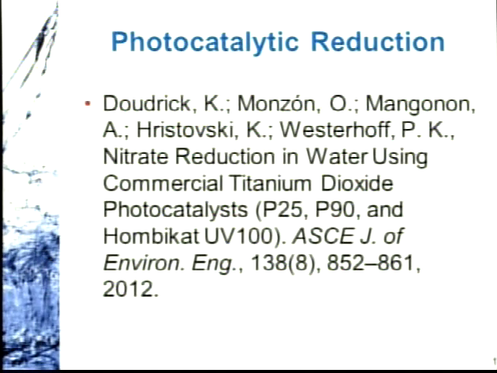This is using titanium dioxide in the presence of UV light. Some of our good friends at Arizona State University, and other researchers, are doing this work too, but I would point folks to this particular reference in the Journal of Environmental Engineering as one of the most recent references on this subject. Nitrate can also be reduced by this means.